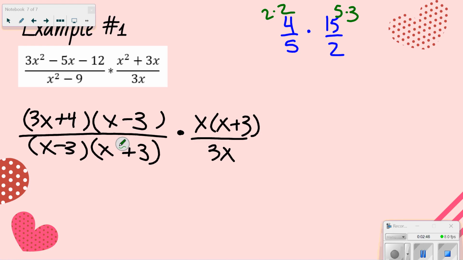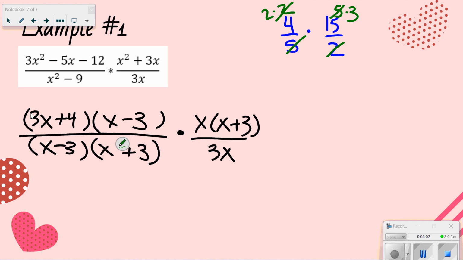Now do you see how you can actually simplify first? It'll make your problem much easier. I can divide by a factor of 2 over 2, and by a factor of 5 over 5, because it's common in the numerator and denominator. So you would be left with just 6, right?